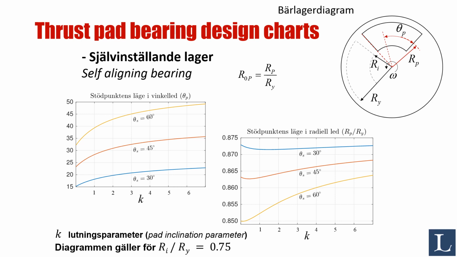So for example, if you have minimum power loss for the 30-degree segment angle bearing, you should position it about 21 degrees from the leading edge.